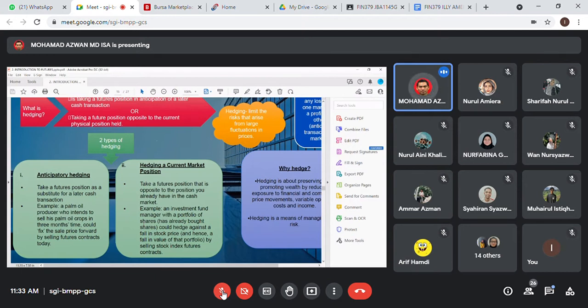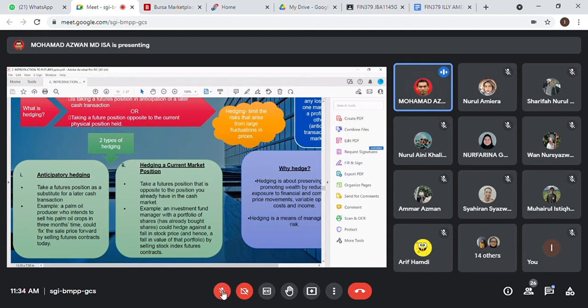So the hedge uses futures instruments. Maksudnya kan problem dia dekat cash market. Cash market, dia trade CPO, dia trade saham or stock.